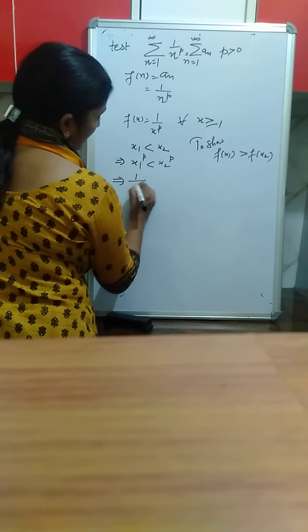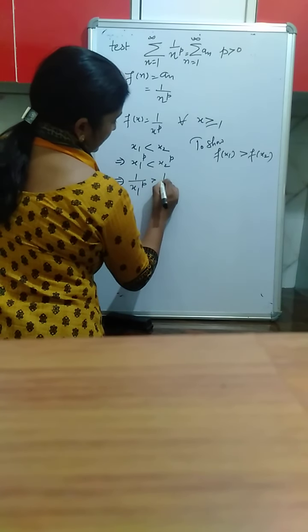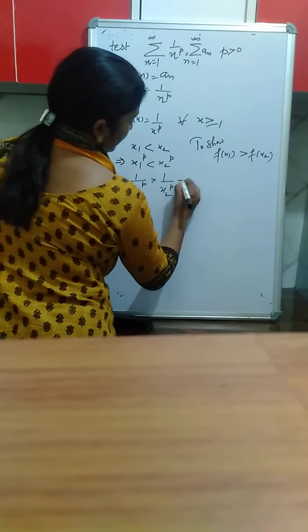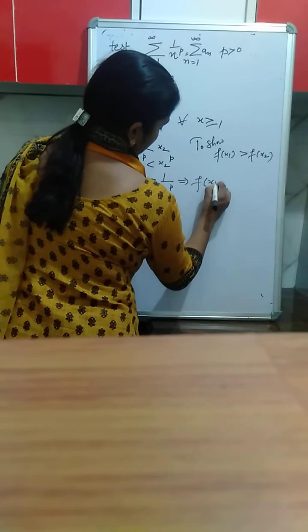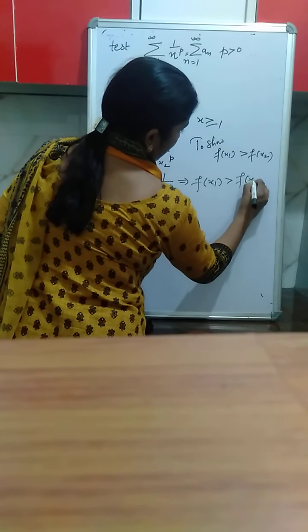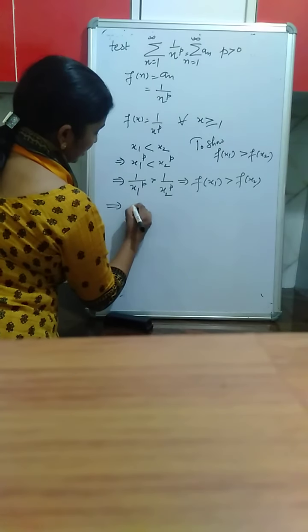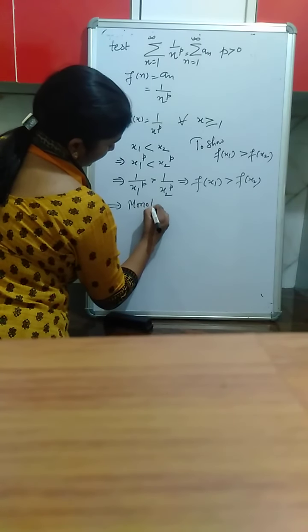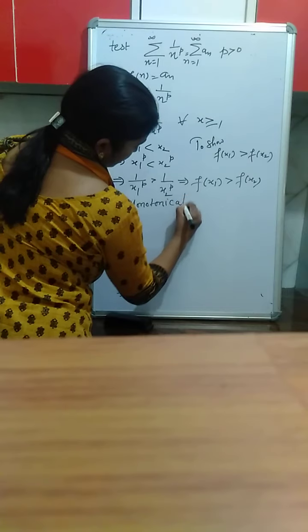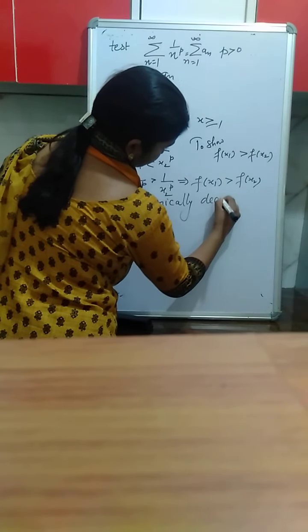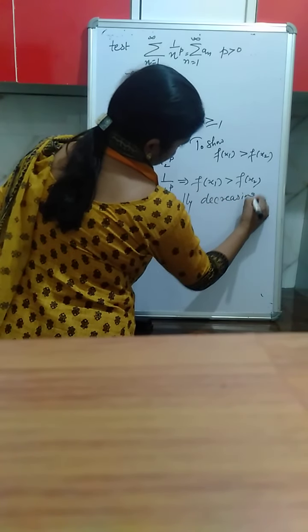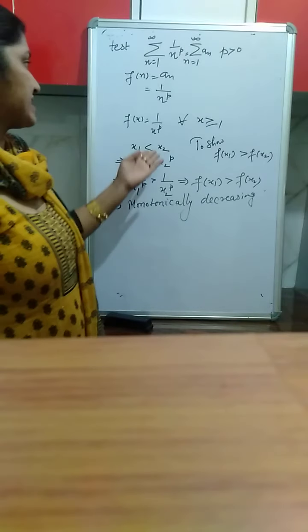But this implies 1 upon x1 raised to the power p is greater than 1 upon x2 raised to the power p, and this implies f of x1 is greater than f of x2, and therefore the function is monotonically decreasing. Okay, right? Next, it is clearly integrable.